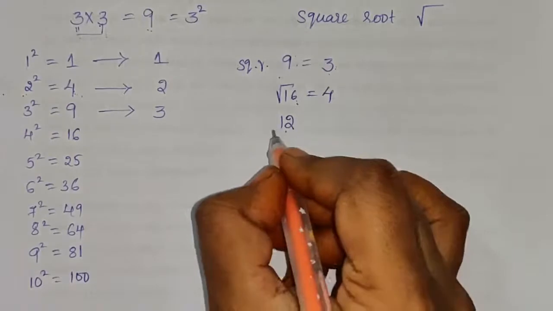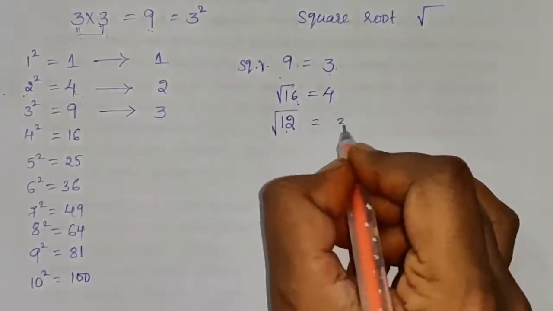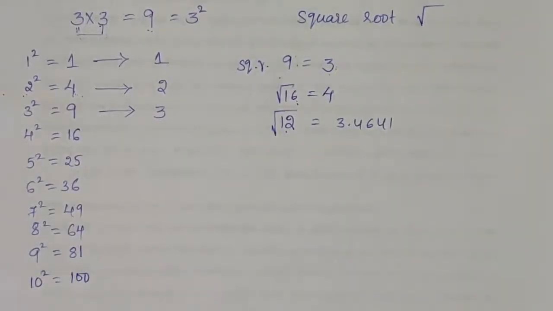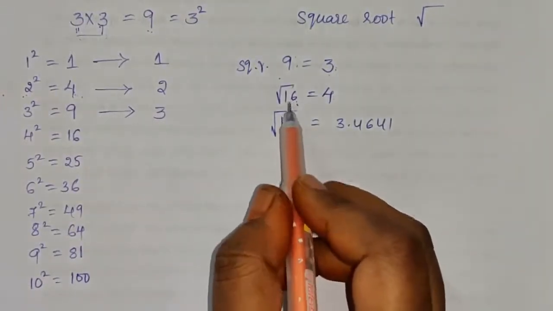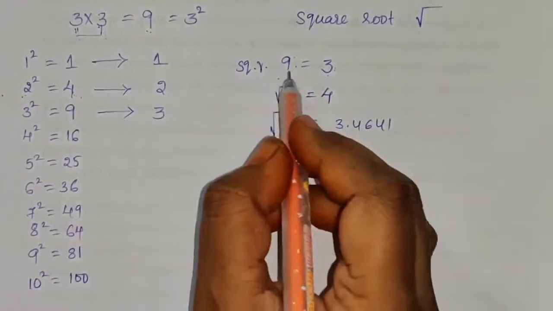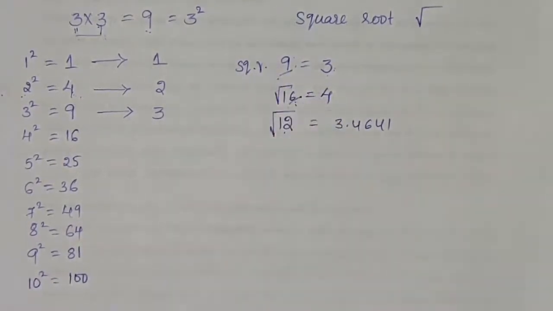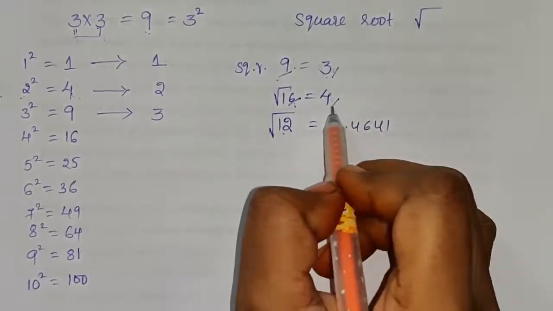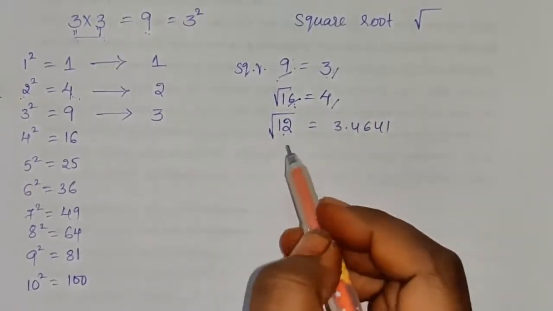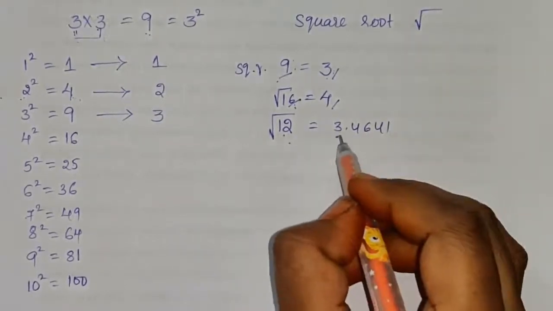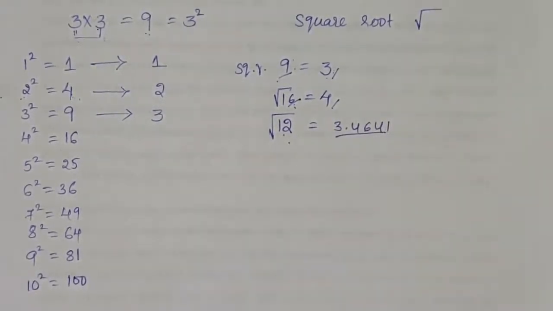So the square root of 12 will be around 3.4641 like this. So this is the difference between a perfect square number and a non-perfect square number. Here 9 and 16 are the perfect square numbers, so there exist perfect square roots 3 and 4. But 12 is not a perfect square number, so there is no perfect square root for 12.